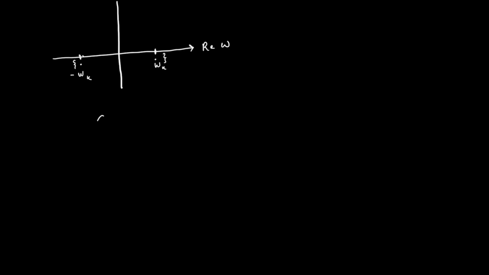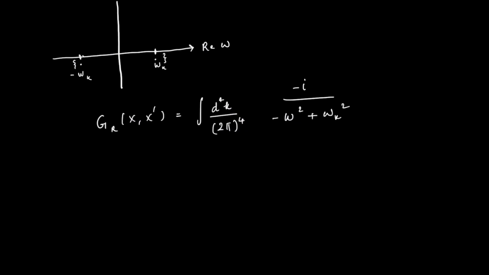So G_R of x, x prime is equal to the integral d^4k by (2 pi)^4, minus i by, initially it is omega squared plus omega_k squared. This is what we defined yesterday, but here there is a shift in omega, so I have to incorporate the shift in omega.